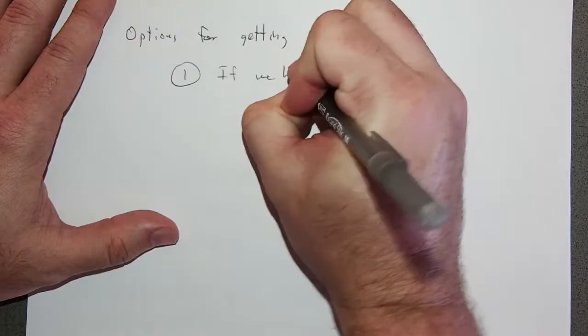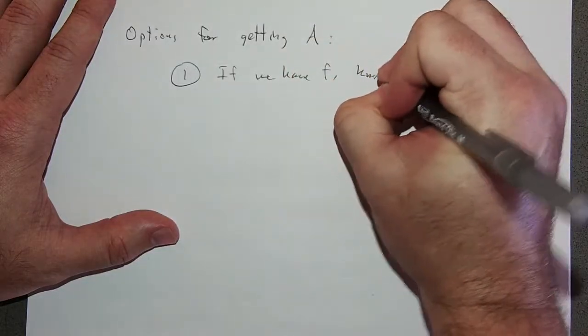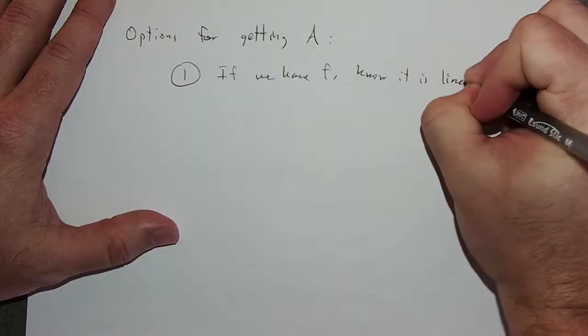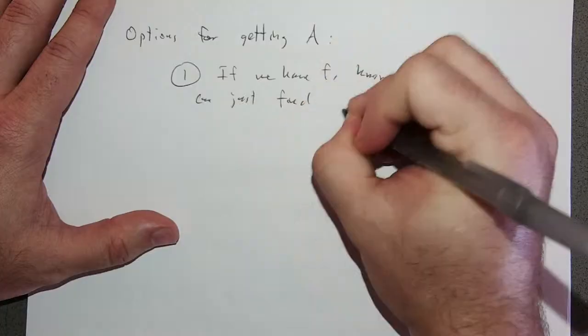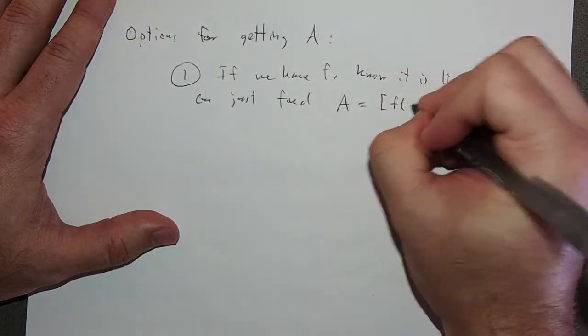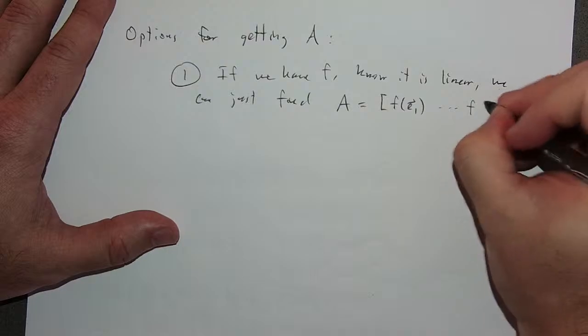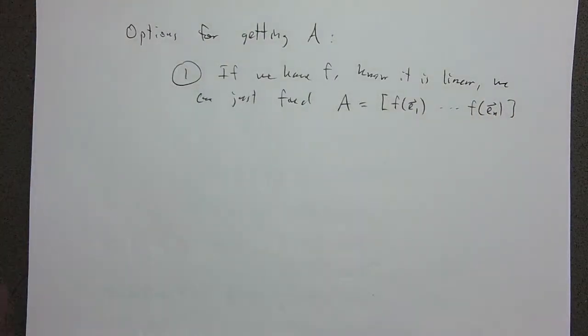If we have f, know it is linear, we can just find the matrix directly from seeing what it does to each of the standard basis vectors and then putting that in the matrix. That matrix will necessarily be this standard matrix. It has no other choice. And that comes directly from the linearity, and this is the key. I'm saying something about uniqueness here. And this is important for these remaining points too.